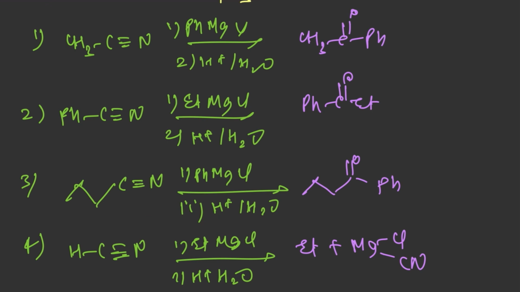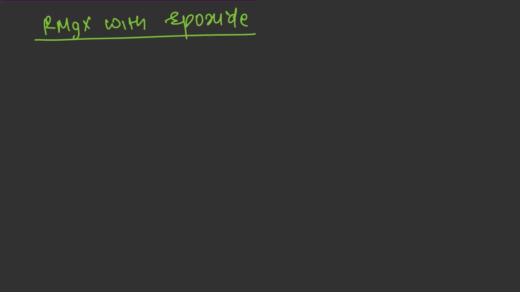Now let's talk about the reaction of Grignard reagent with epoxide. RMgX with epoxide. How will it react? We have CH2CH2O, and one we have PhMgCl, second H+/H2O.